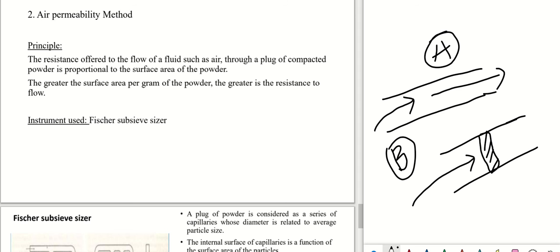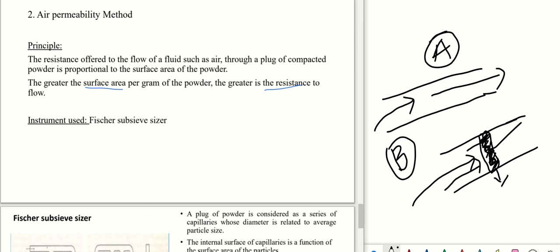Do you think the air will flow freely just as in the case of A? No, because there is some obstruction in this pipe, and the powder particles or the powder plug will cause some resistance to the flow, right? So this resistance caused by this powder will be proportional to the surface area. Greater the resistance, greater will be the surface area.